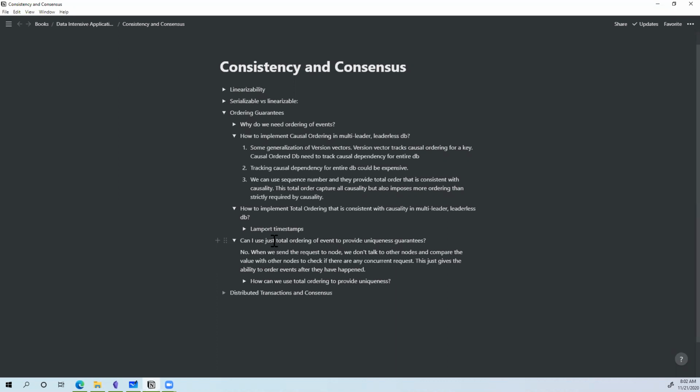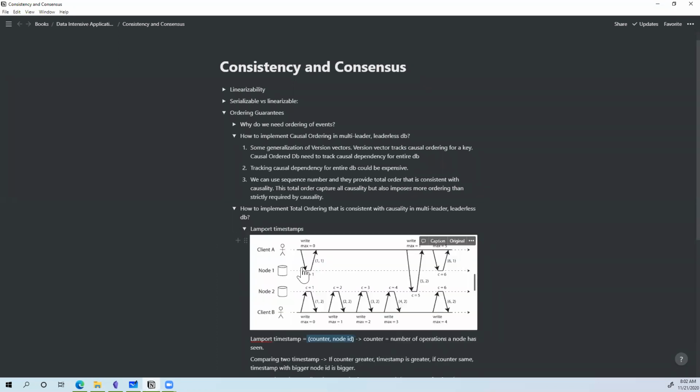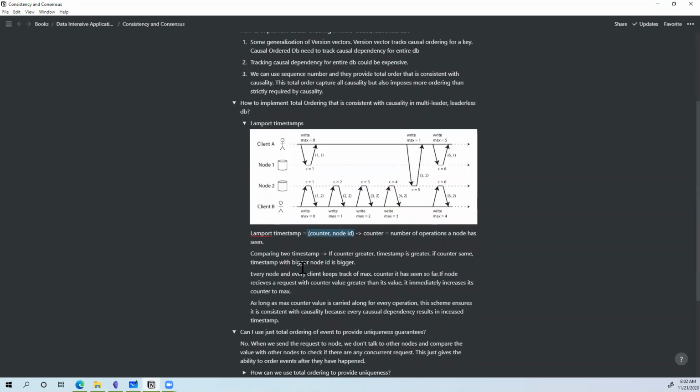Because for uniqueness guarantees, these database nodes should talk to each other, and they should decide which write request to fulfill and which write request not to fulfill. Here, although we have created a total order of events, this total order was created once we got the response back, right?